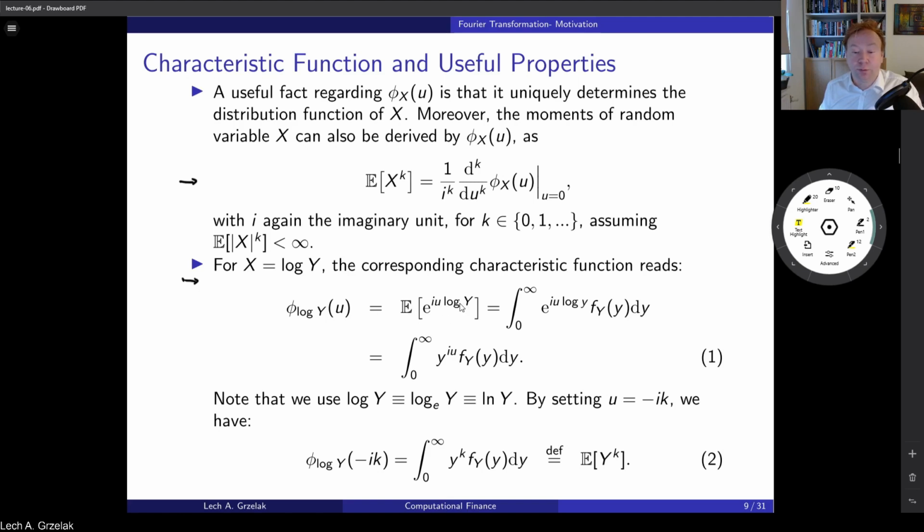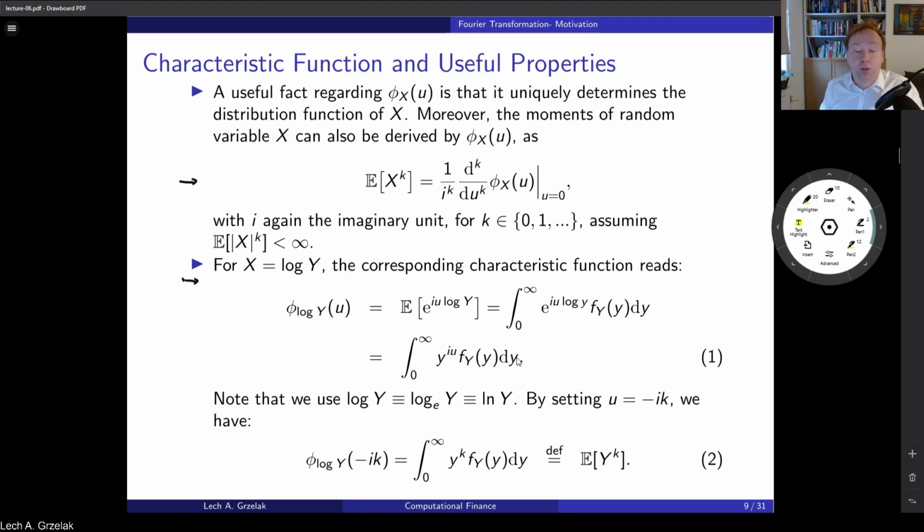In order to find this expectation, we need to use the density. This is what we have here. And then you see that iu log y is simply log y to the power iu, so things will simplify.